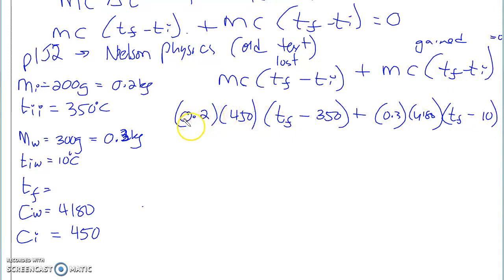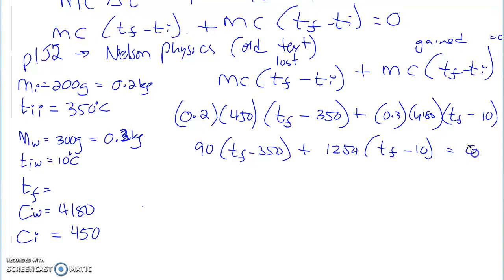What do you get when you do 0.2 times 450? 90. So 90 (TF minus 350) plus 0.3 times 4180, which is 1254 (TF minus 10), which equals 0.